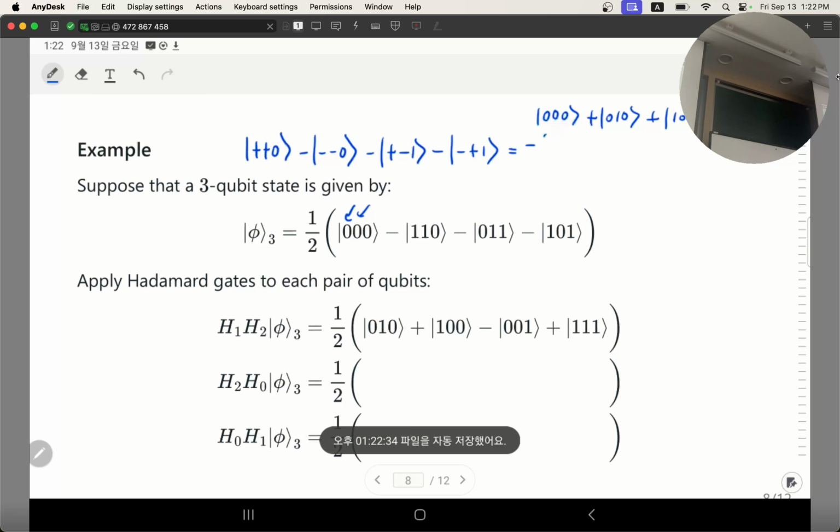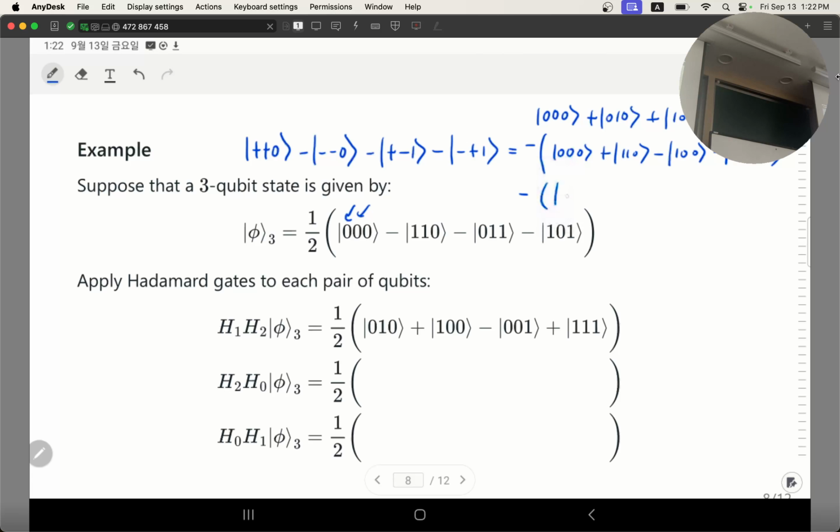And let's take the minus of minus. Now minus gives you 0, 0, 1, 1, 0, 1, 0, 0, 0, 1, 0. Okay? And then let's take a plus minus. So plus minus gives you 0, 0, 1, 1, 0, 1.